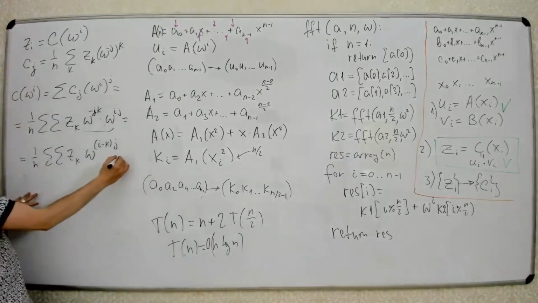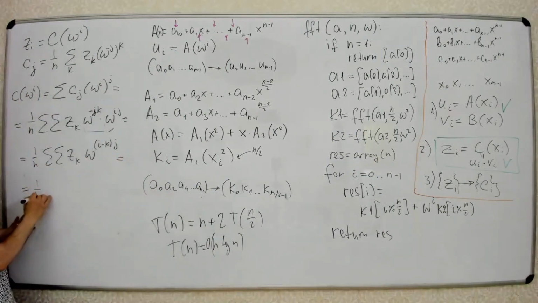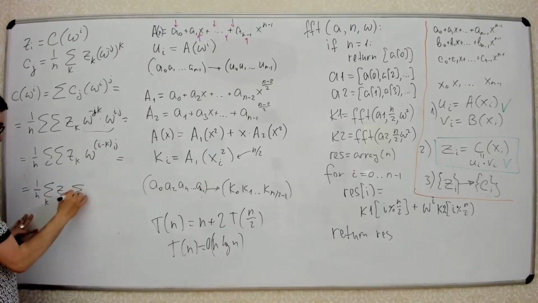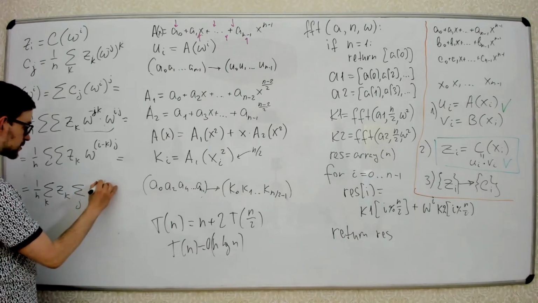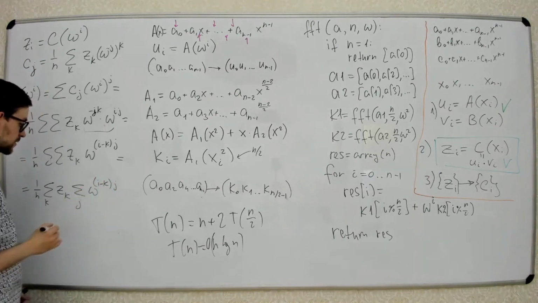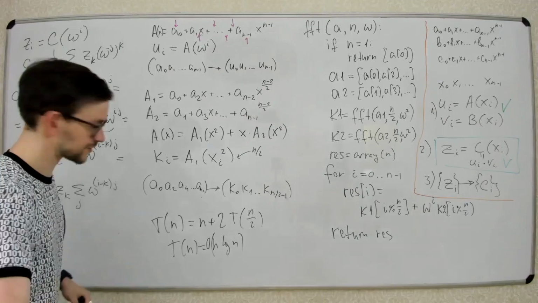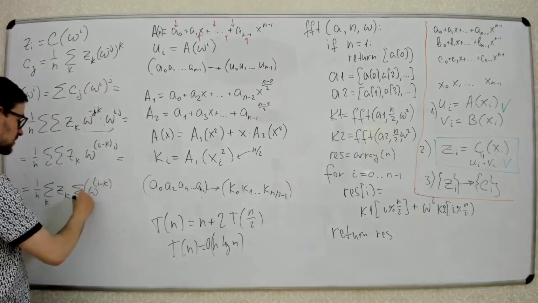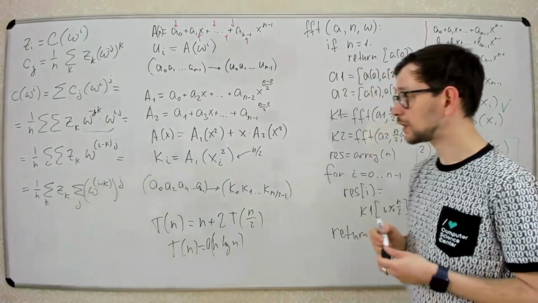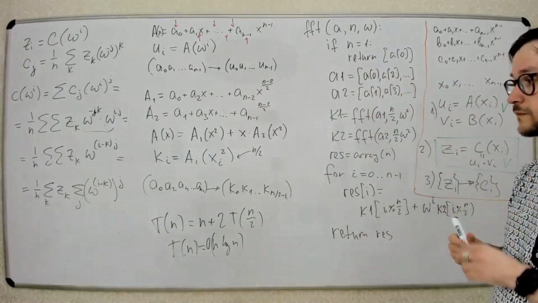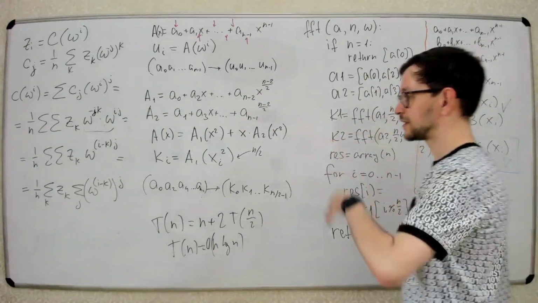Now let's swap the sums: 1 over n, sum for all z_k, sum for all j, w in power i minus k, power j. That's all. Now let's look at this formula.